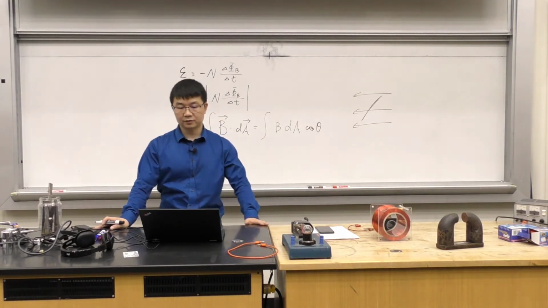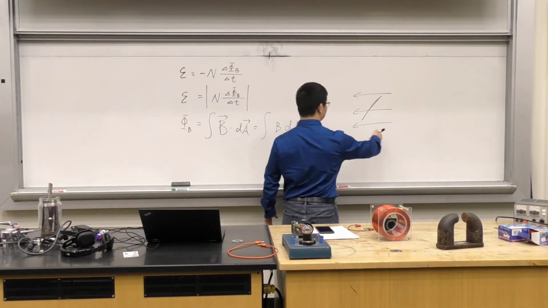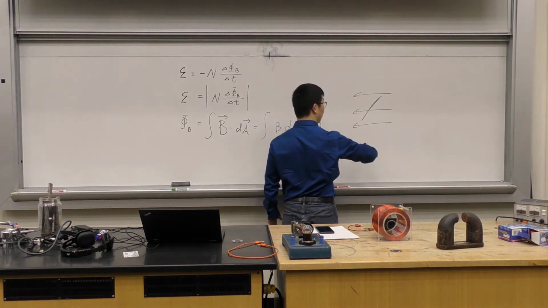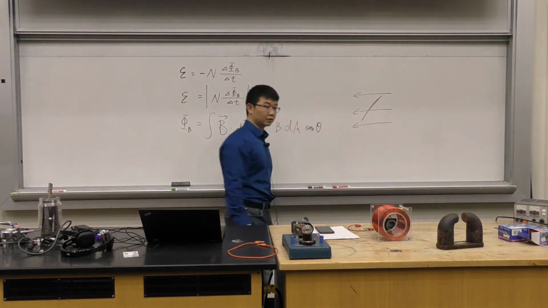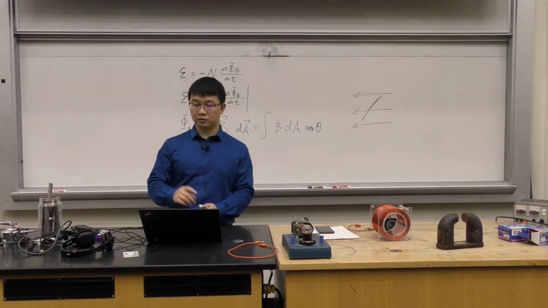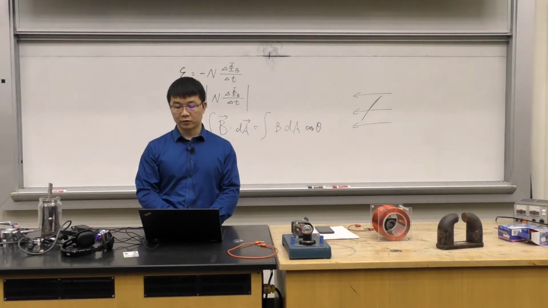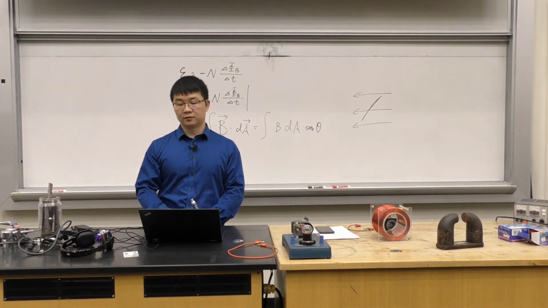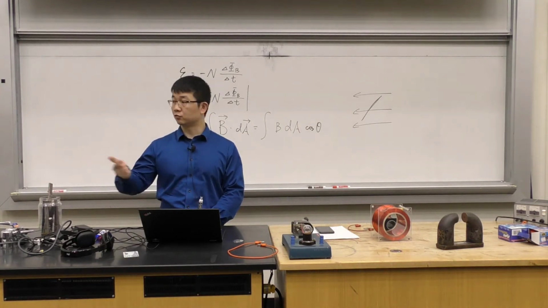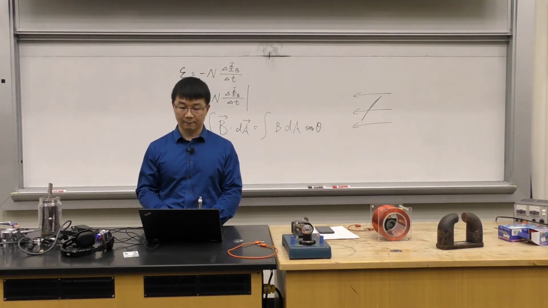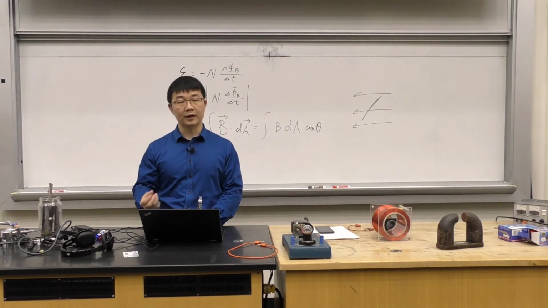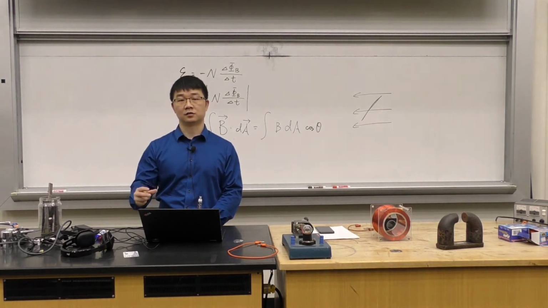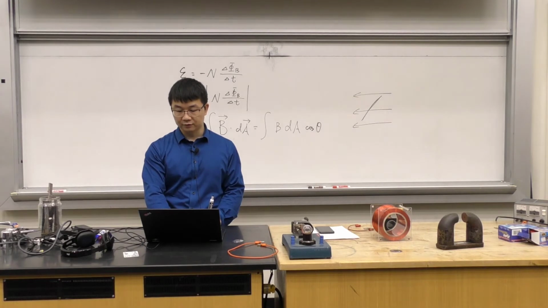But in this case, when the loop completes one rotation, the current is going to change both direction and magnitude. That's what we call alternating current, AC. That's why the current and voltage you get from all these wall outlets are AC current and AC voltage. They're not going to be constant. They're going to be a sine function.